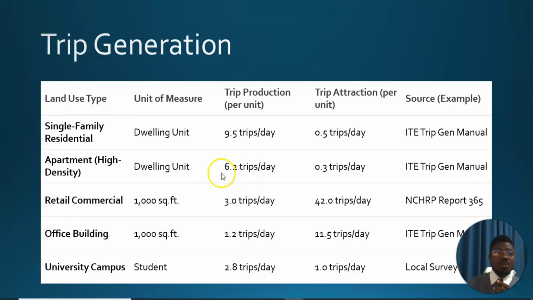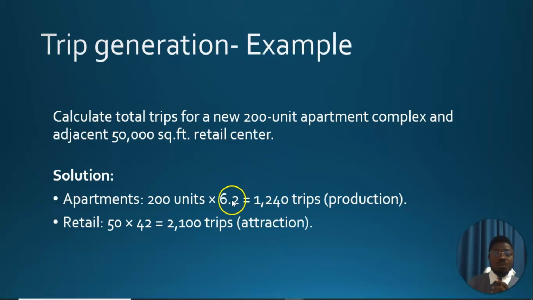Coming back to the apartment here, that is high density, we know that the trip production per unit is 6.2 trips per day. So when we multiply 200 units by 6.2, which is the average per day, we arrive at 1,240 trip productions.